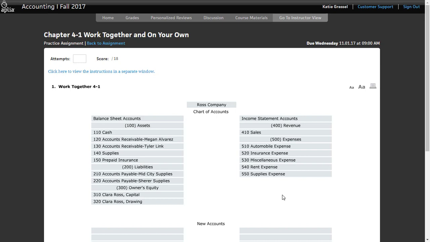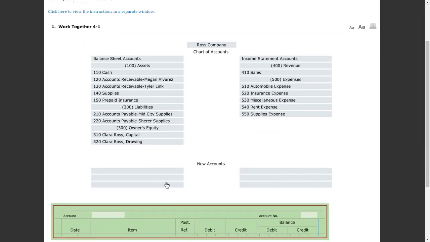So when we go through to add them, one second. There are going to be two sides that we have to fill in.